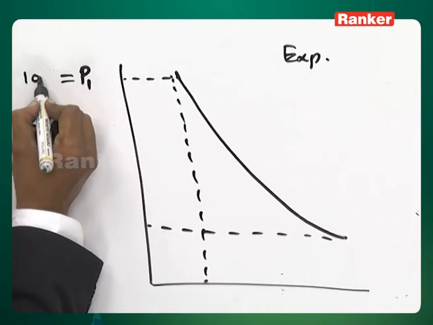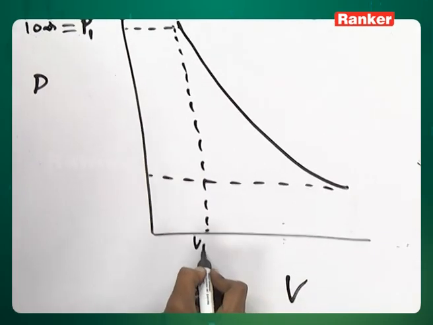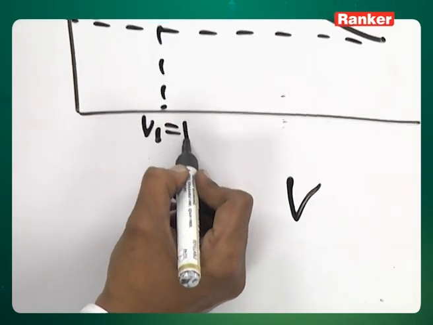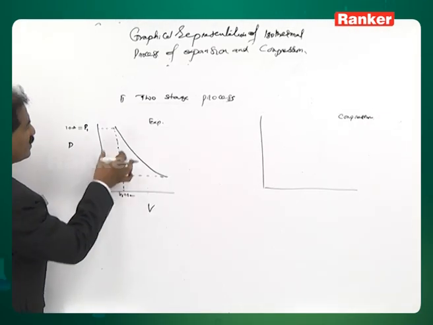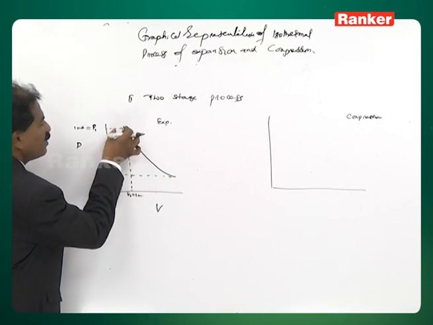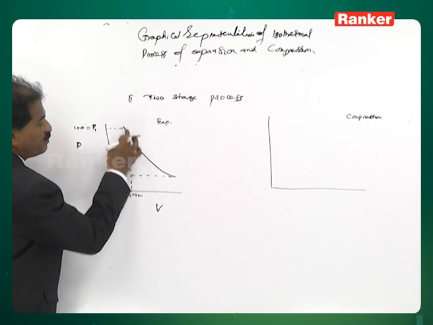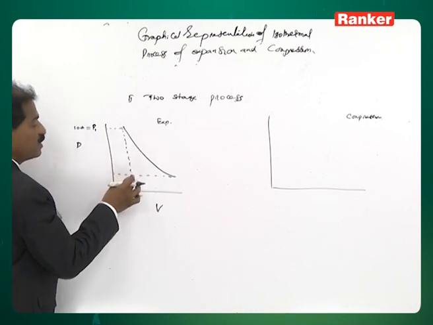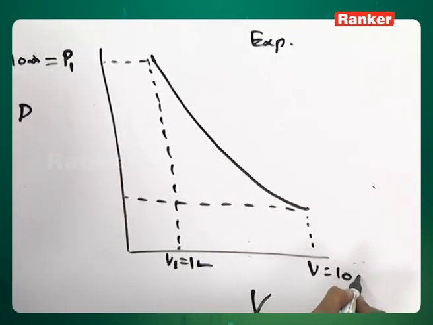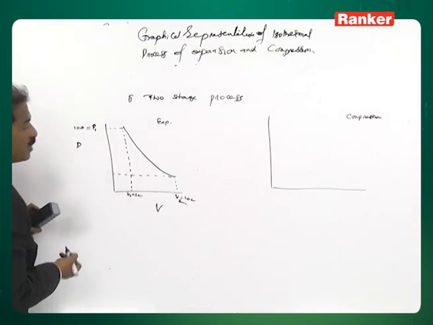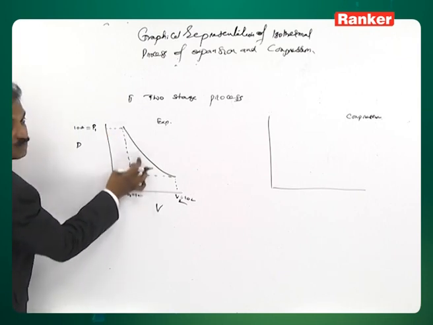So this is the initial pressure, 10 atmospheres. When the pressure over the gas is 10 atmospheres, the volume of the gas is, let us say, 1 liter. Now in the previous case, in a single step we brought the pressure from 10 atmospheres to 1 atmosphere. That means in a single step we decreased the pressure. Therefore the gas has undergone expansion to 10 liters in a single step. That is V2.